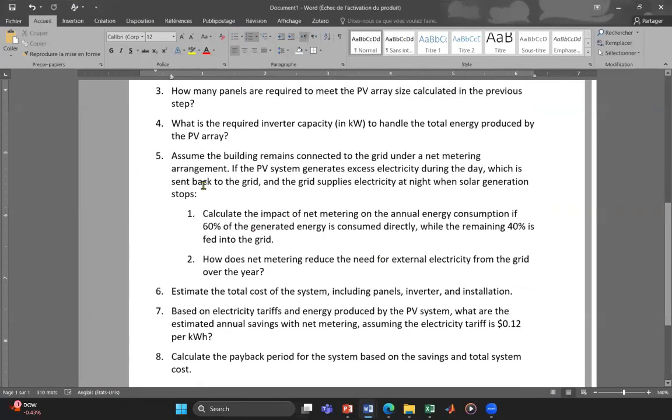Here, in question number 5, we'll talk about net metering. Assume the building remains connected to the grid under a net metering arrangement. If the PV system generates excess electricity during the day, which is sent back to the grid, and the grid supplies electricity at night when solar generation stops.